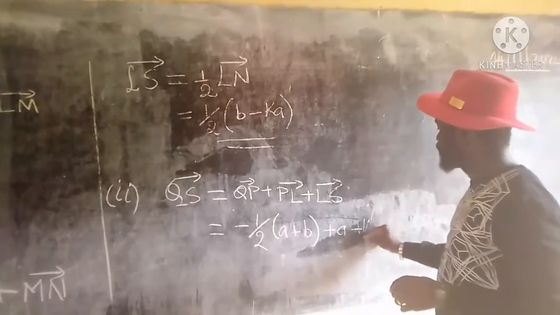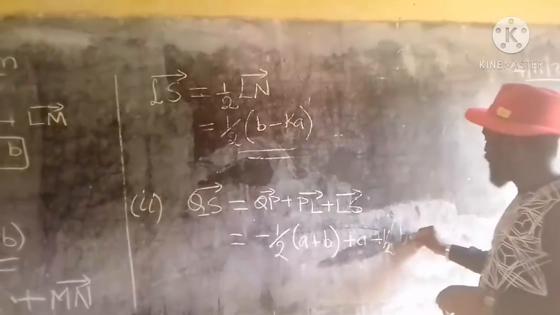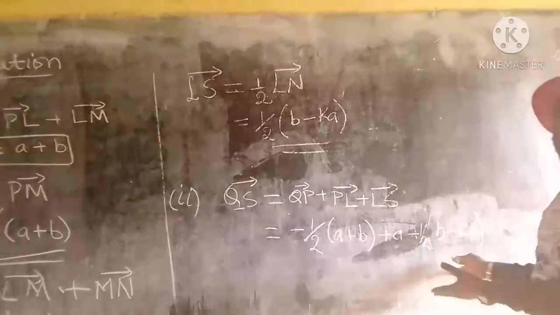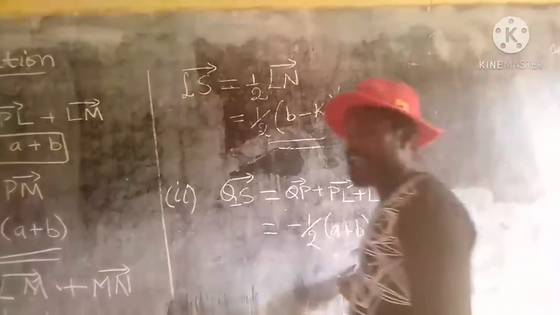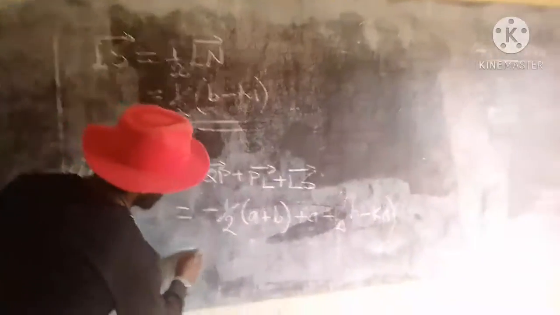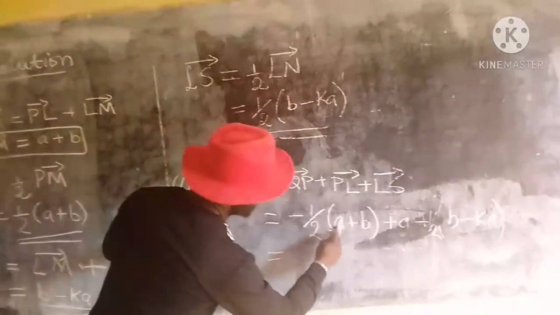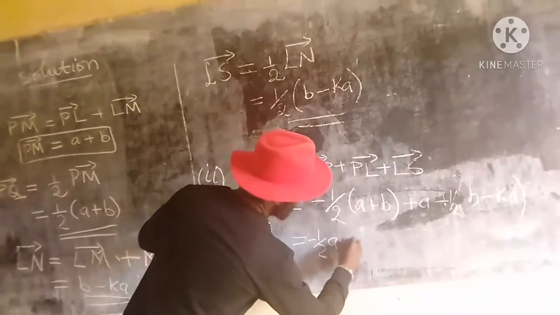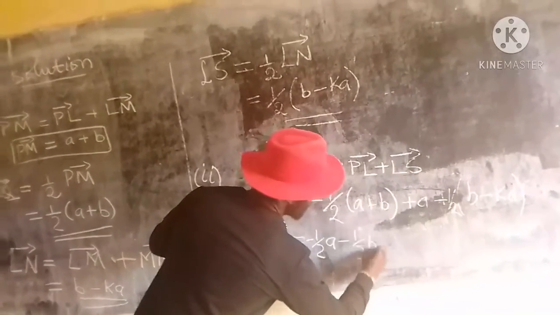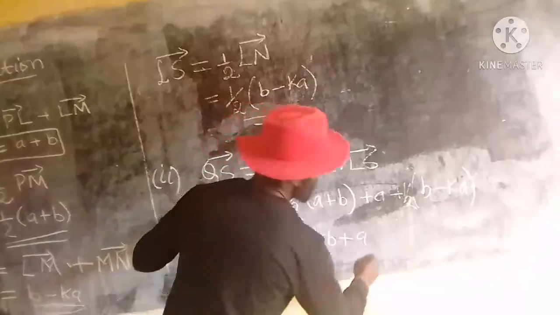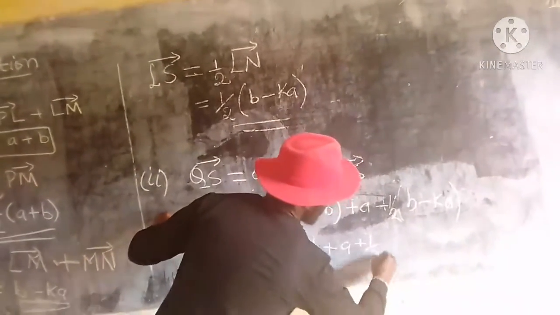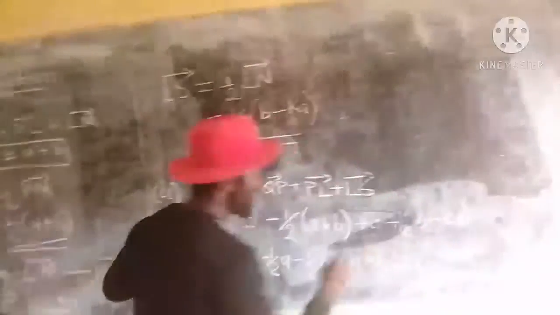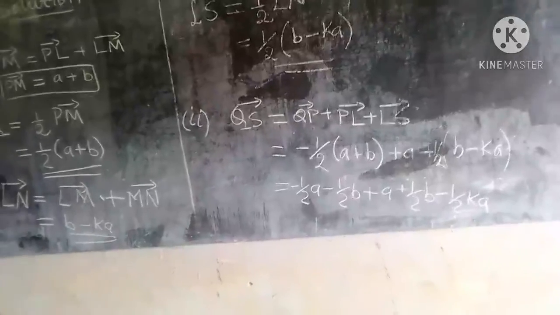So you have plus half into B minus A. Opening out the bracket, we have minus half A minus half B plus A plus half B minus half KA, right?